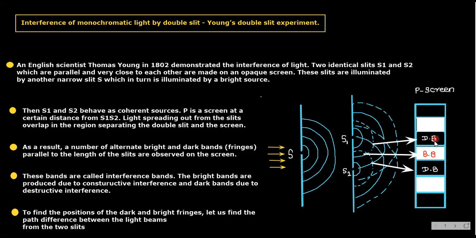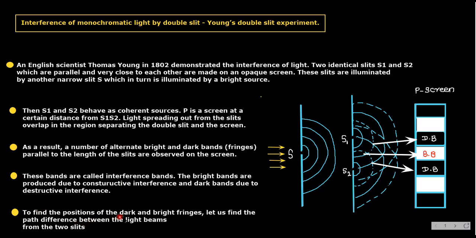We get bright bands when there is constructive interference, and dark bands when there is destructive interference. Destructive interference means when the crest of one wave overlaps with the trough of another wave. And constructive means when the crest of one wave overlaps with the crest of another wave.